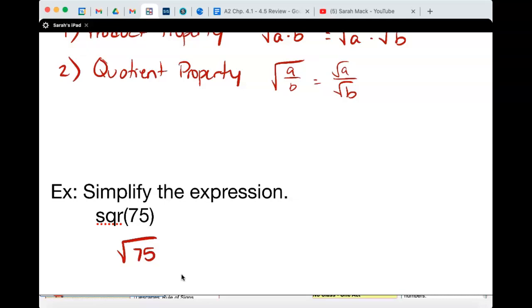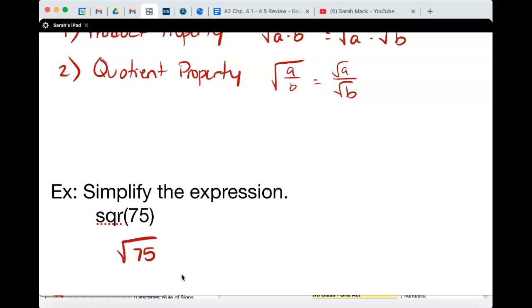But the goal is basically to figure out what perfect square divides into this number. So is there a perfect square that divides into 75? There probably is. A perfect square is something like 4, 9, 16, 25, 36, 49. Do any of those divide into 75?